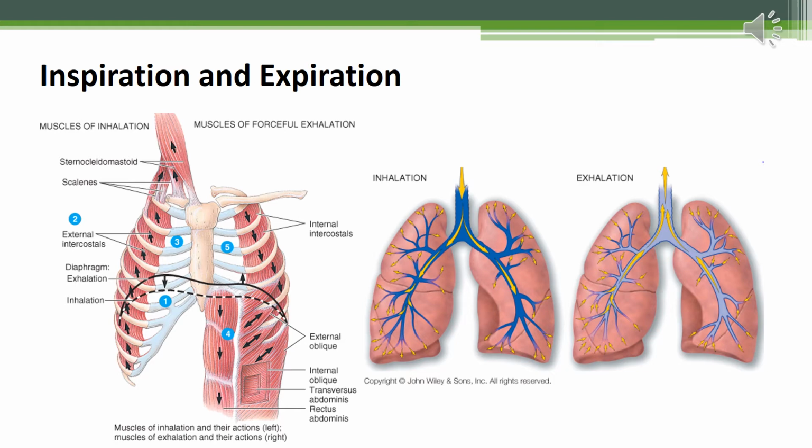A few of these muscles to remember are the diaphragm, the external and internal intercostals, and also the external and internal obliques. I'm not going to worry too much about the transversus abdominis and the rectus abdominis. Then on the right, it shows the air moving in from higher pressure to lower pressure in inhalation or inspiration, and we have the opposite in exhalation or expiration.